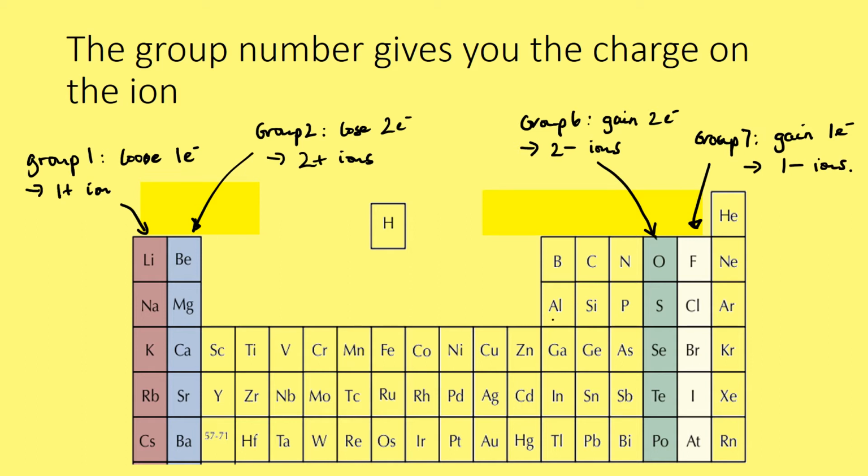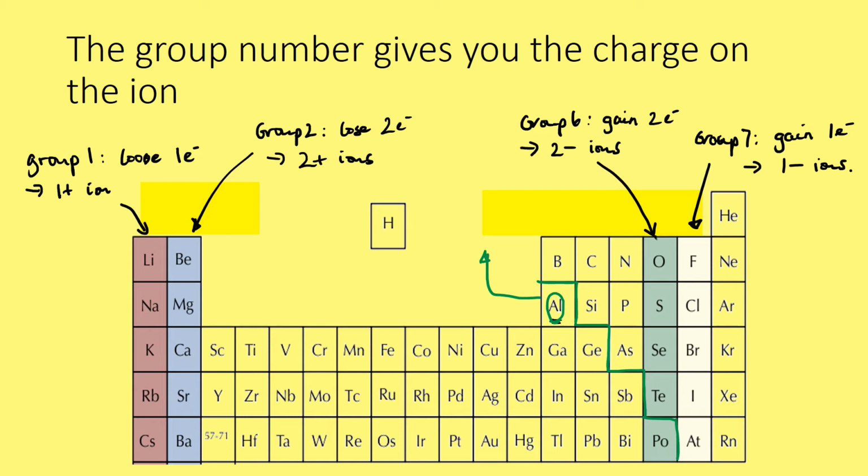I just want to clarify aluminium for you, because aluminium's worth noting. When you study the periodic table, you'll remember that we drew a little staircase round about here to differentiate the metals from the non-metals, and it's a little bit ambiguous because the metallic property decreases around that staircase, but aluminium is definitely a metal, and that's in group 3.